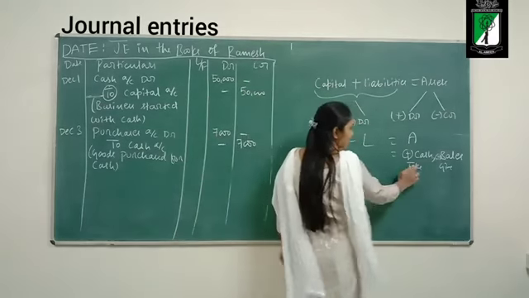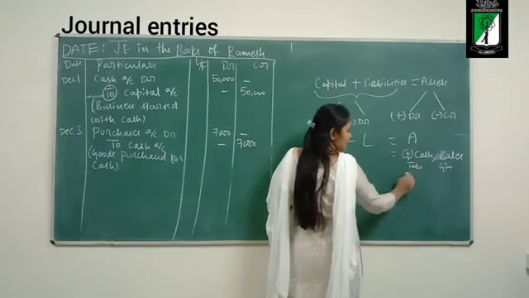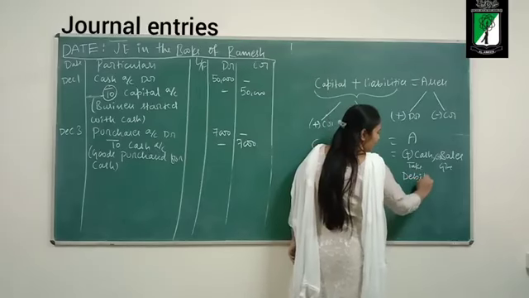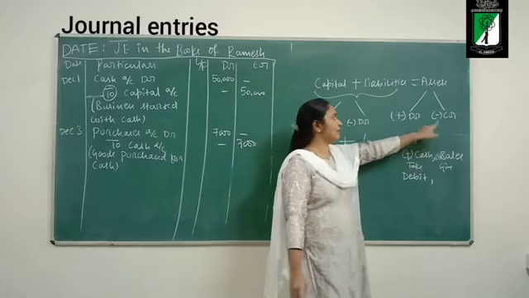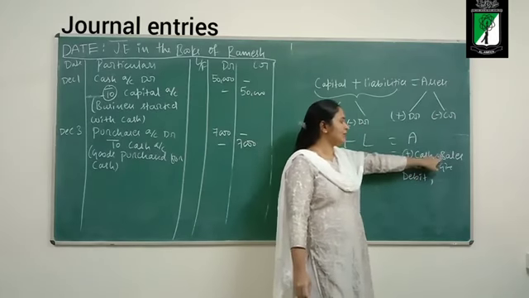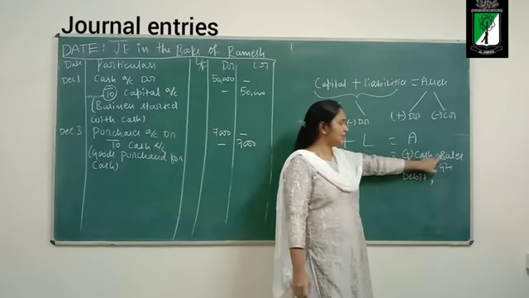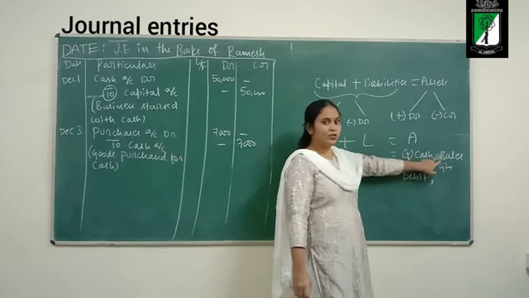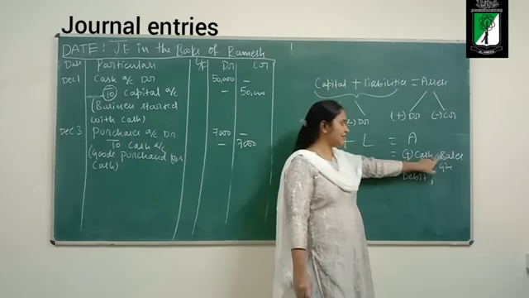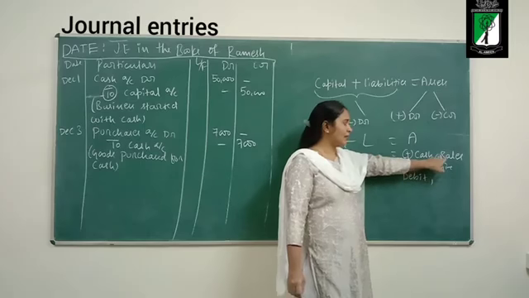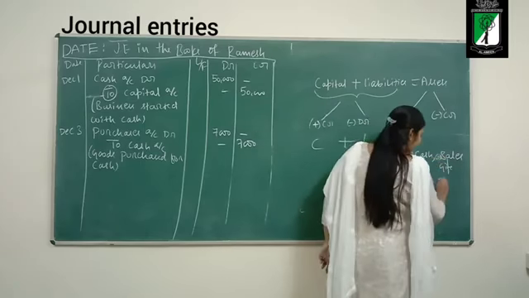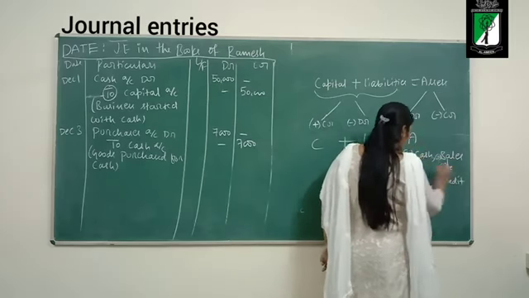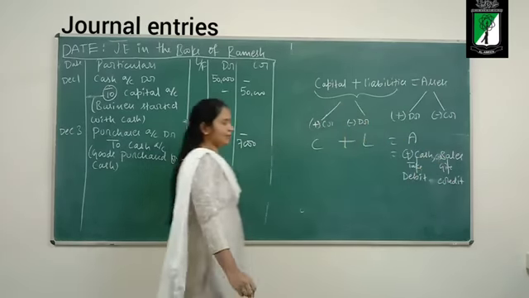Here cash is increasing, so I should debit cash. My goods balance is decreasing. Goods are also an asset. So decrease in asset should be credited. Increase should be debited.